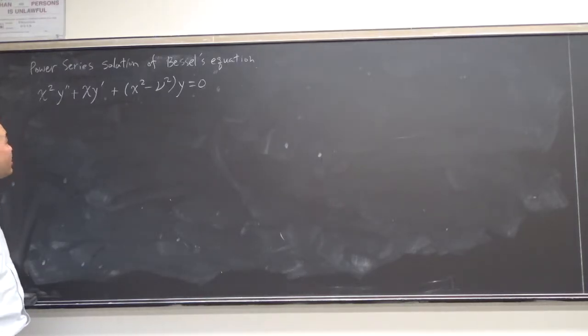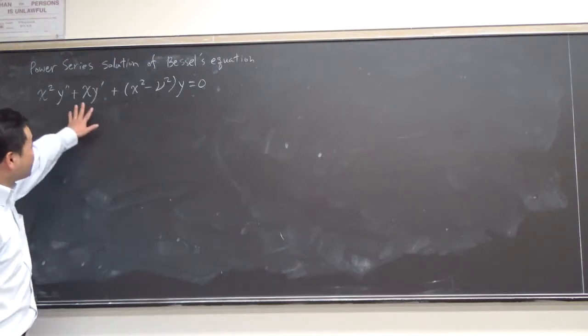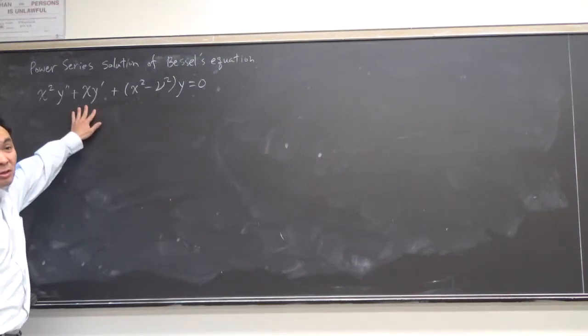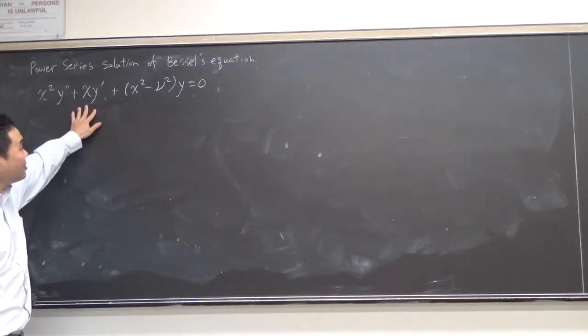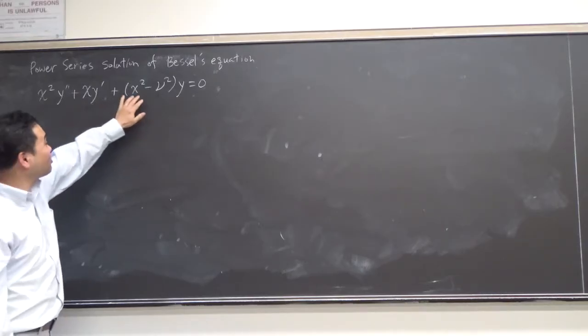So what we have here is you get this equation, first of all, from wave equation on a disk. And the difference between a wave equation on a disk and the Laplace equation on a disk is that you get something extra.